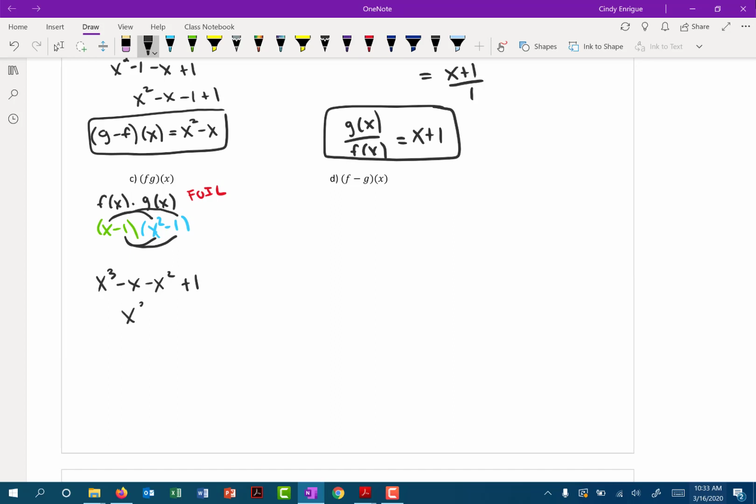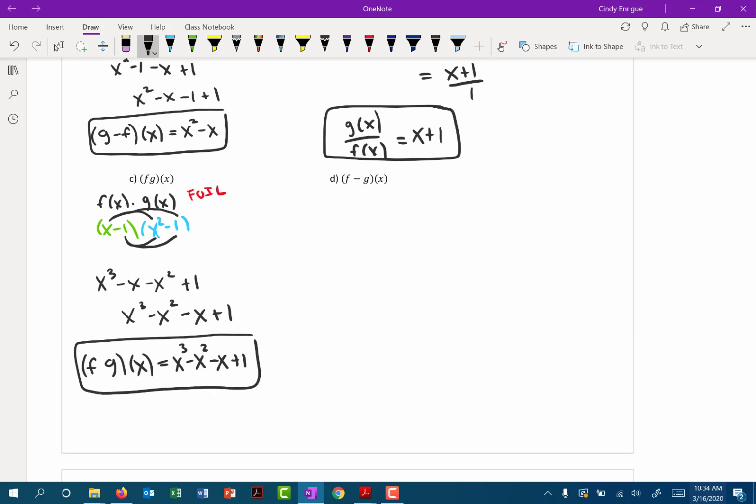So I'm going to get x cubed minus x squared minus x plus 1. So I know that f times g with respect to x is equal to x cubed minus x squared minus x plus 1. And so that's going to be my final answer.